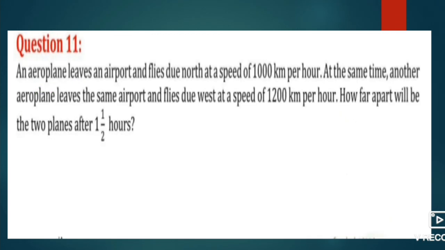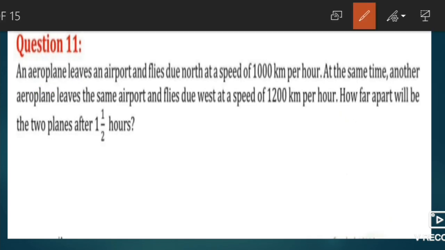Okay. Now the next question. An aeroplane leaves an airport and flies due north at the speed of 1000 km per hour. At the same time, another aeroplane leaves the same airport and flies due west at the speed of 1200 km per hour.